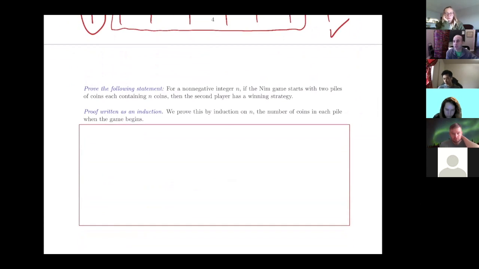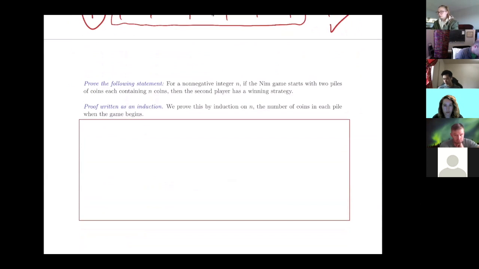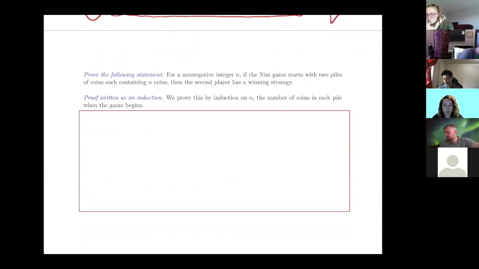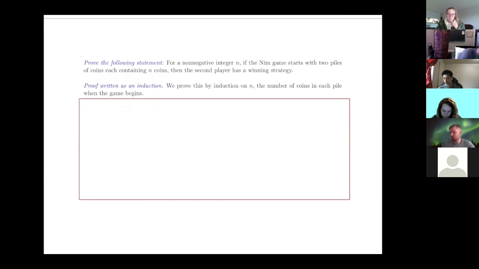So let's think about how we could map these out, how we can write this out. So here is an example of how we can prove this by induction. So here's the claim.